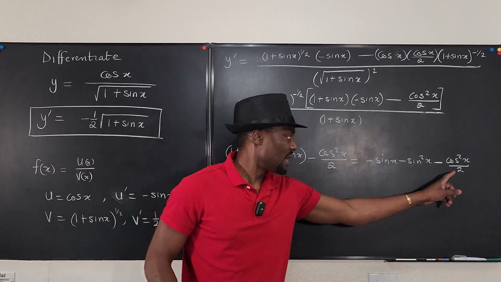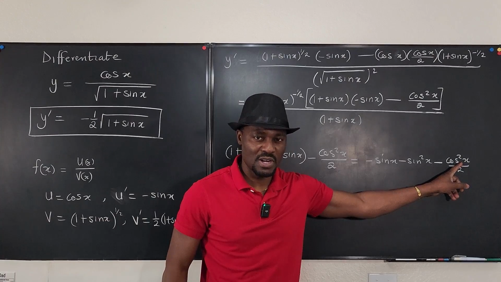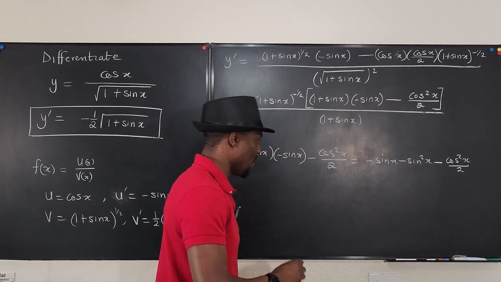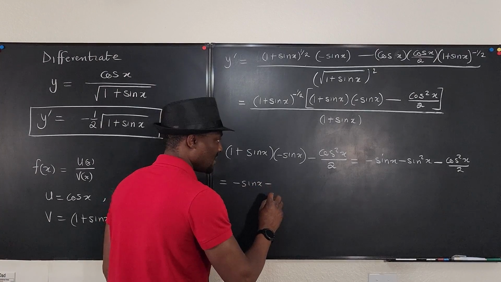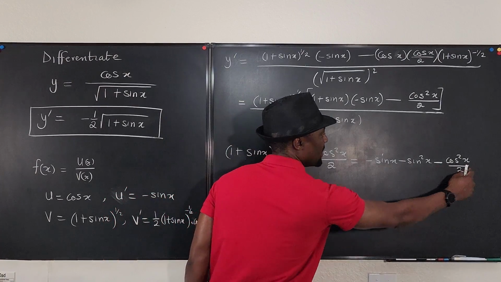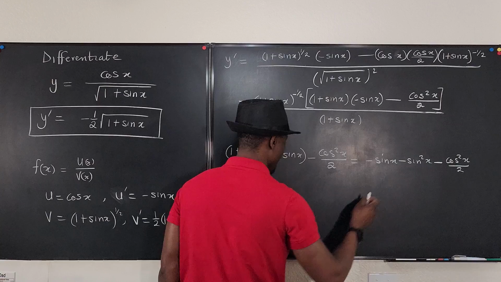Cosine squared x can be written as 1 minus sine squared x, right? So I can write minus sine x minus, or I can multiply all of them by 2 to make them look exactly like this.